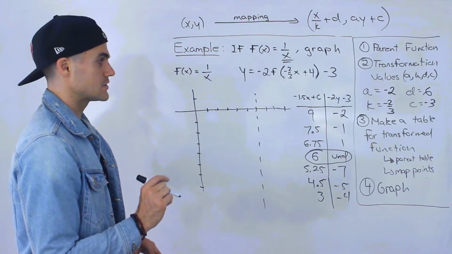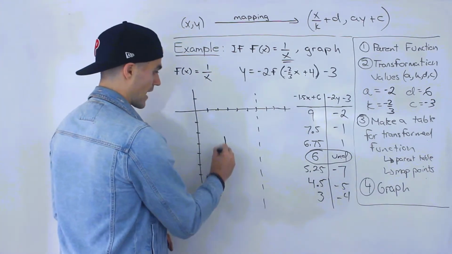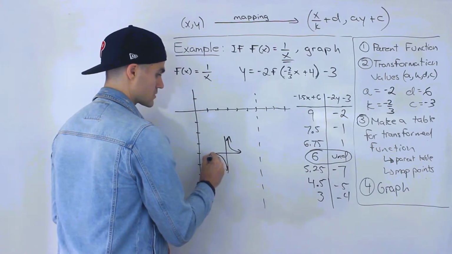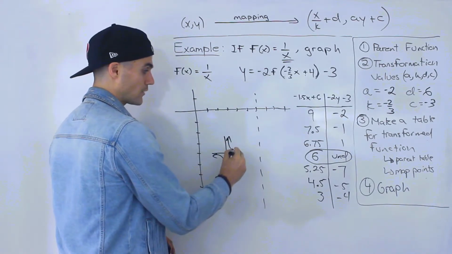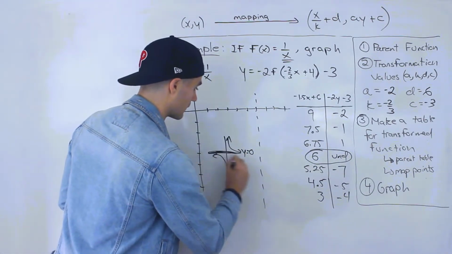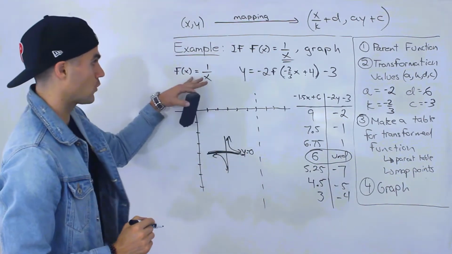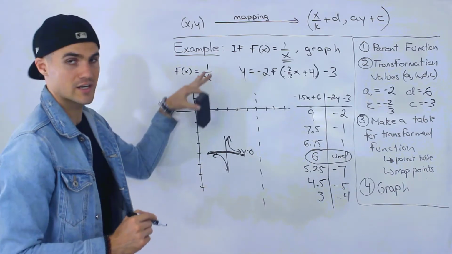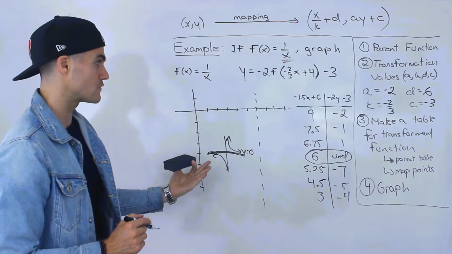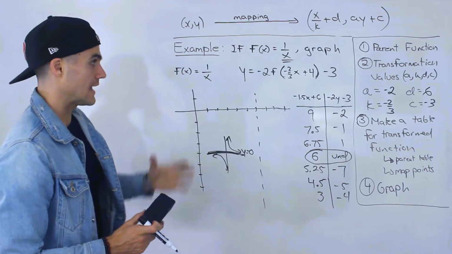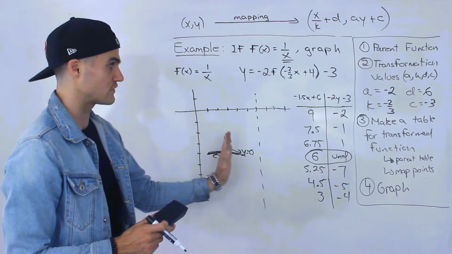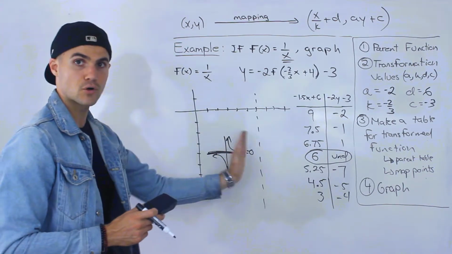The next thing I like to do, remember that this 1 over x here, it had a vertical asymptote, so we figured out where that got transformed. And remember it had a horizontal asymptote at y equals 0, this line right here. Well, when we transform 1 over x, no matter what transformation it undergoes, it's also going to have a horizontal asymptote. And notice that the vertical asymptote was affected by the d value, shifting it left or right.